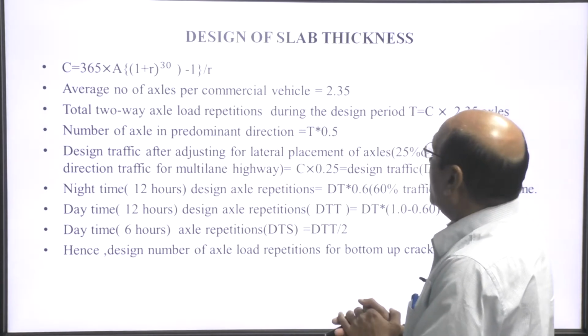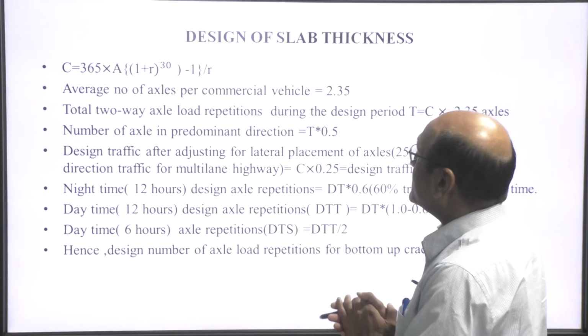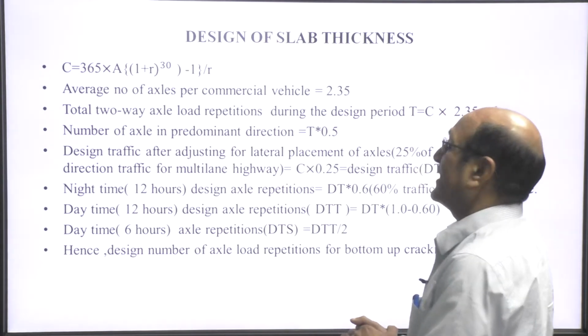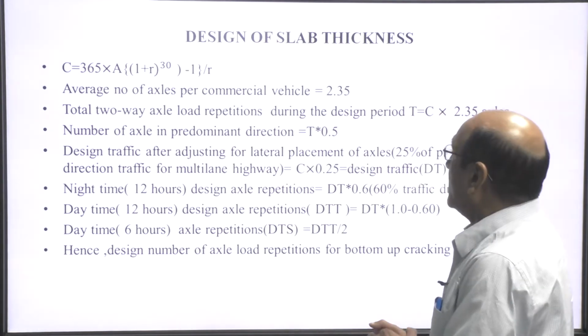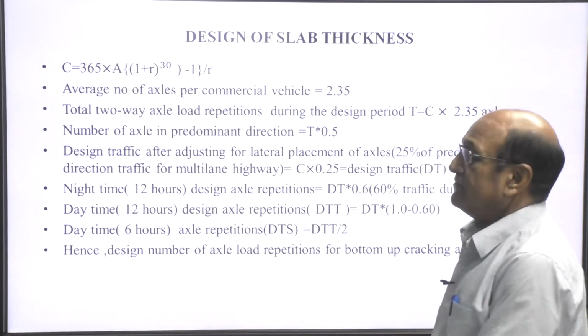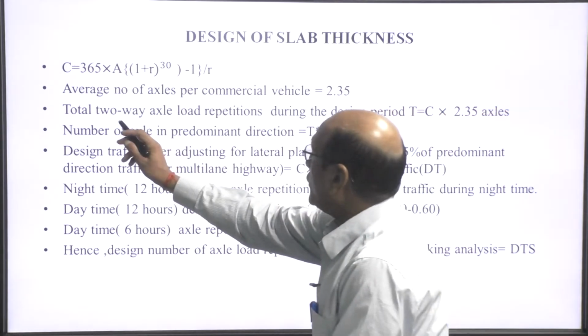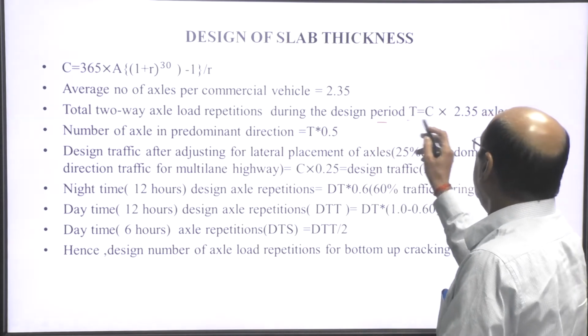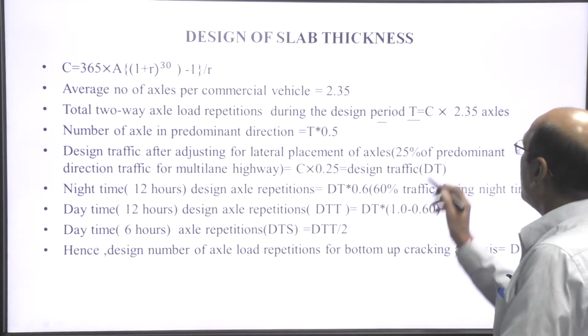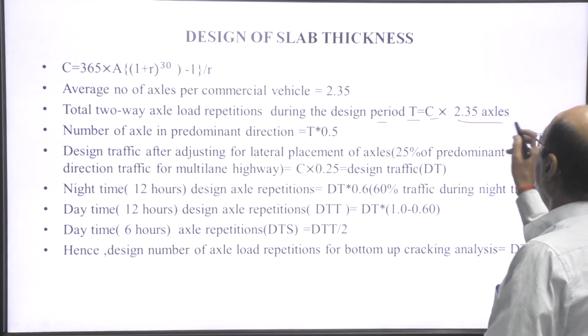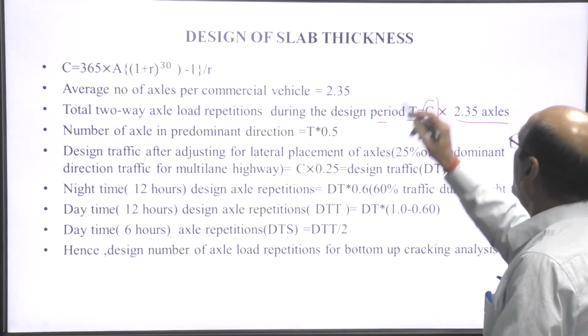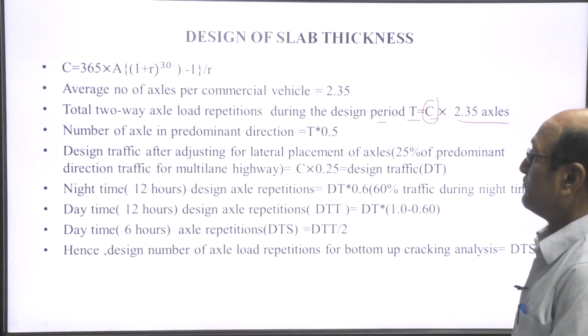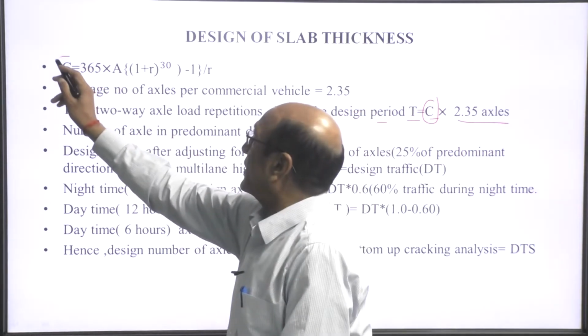It is given that the average number of axles per commercial vehicle is 2.35. The total two-way axle load repetition during the design period T will be equal to C into 2.35, because C is the total number of commercial vehicles we have found from here.